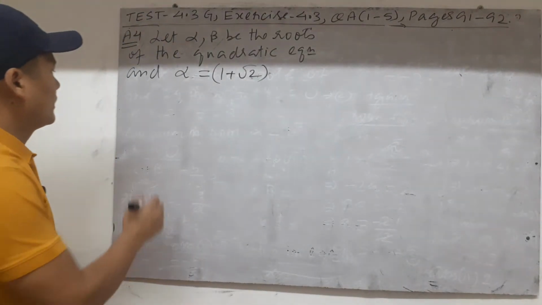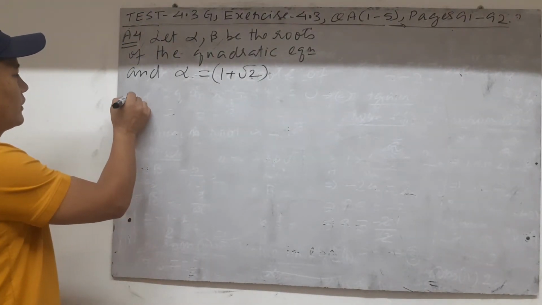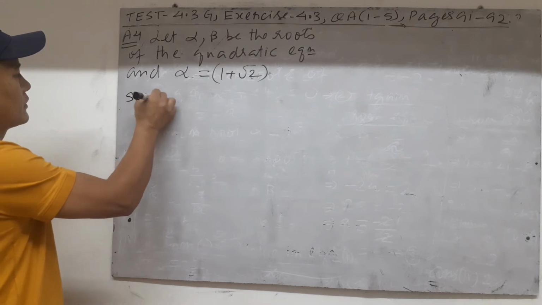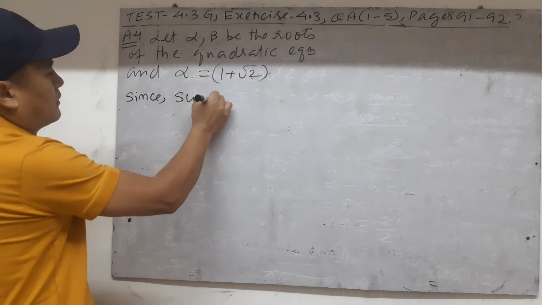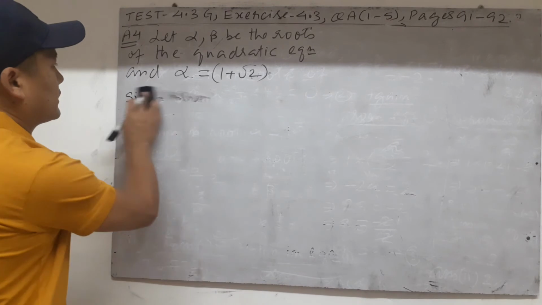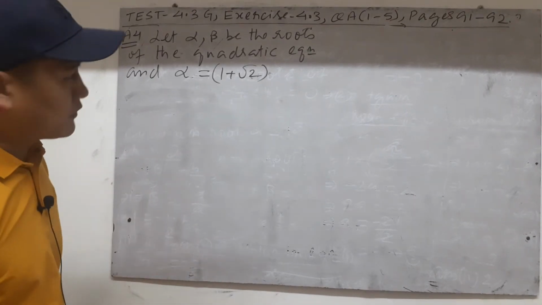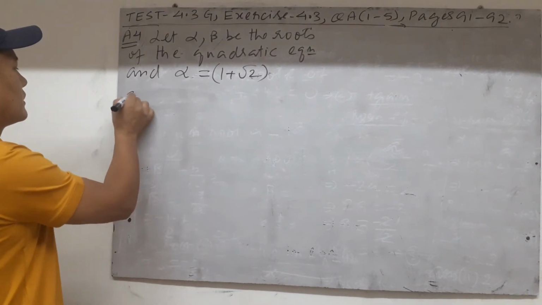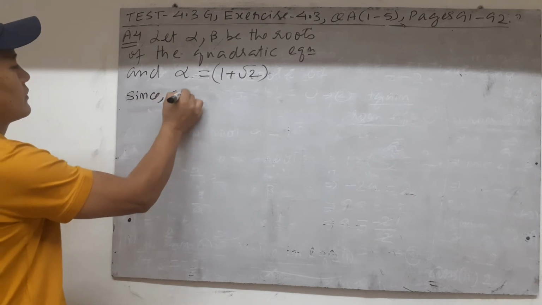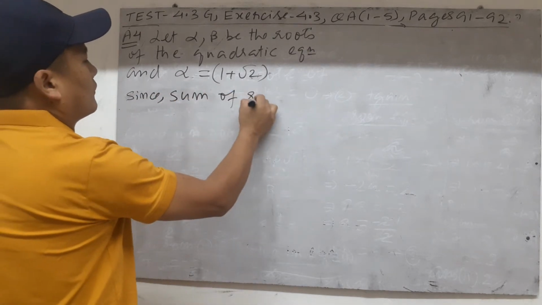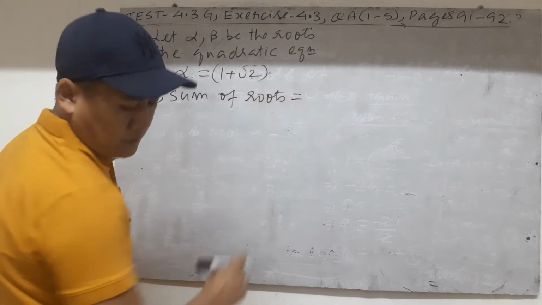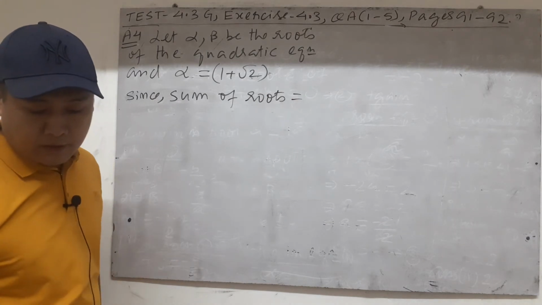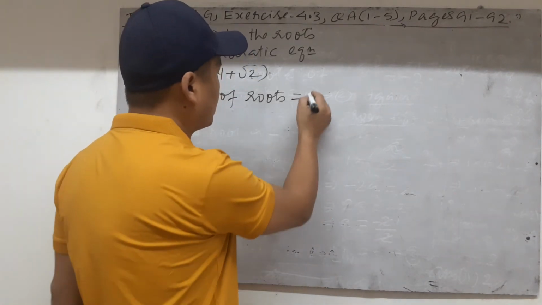So right here also, since question is saying sum, before that we can just specify, okay, sum of roots. So since sum of roots is equal to, given question, go there, last part, sum of roots is 2.